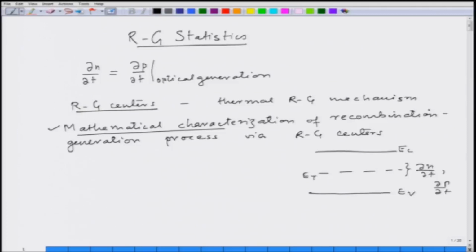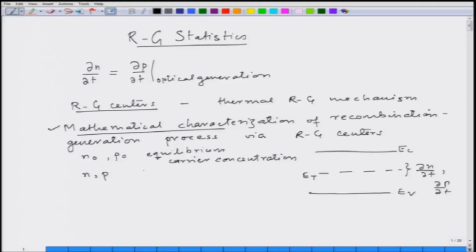So, within this semiconductor, we know a few things. We know the equilibrium carrier concentration, n naught and p naught; we know how to get that. We also find if the carrier concentration through these RG processes is changing.